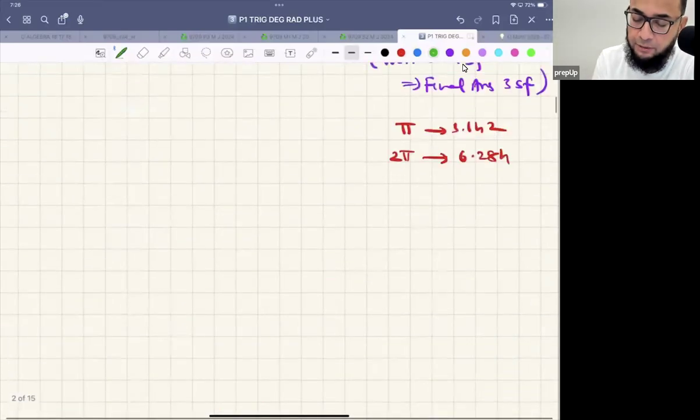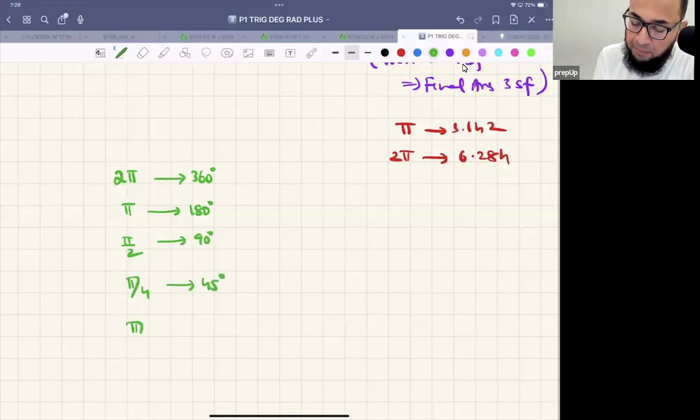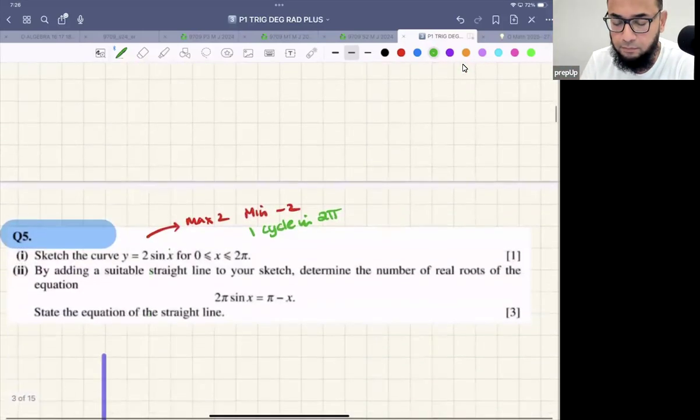Let me write over here, 2 pi radians is 360 degrees. Pi radians is 180 degrees. Pi by 2 is 90 degrees. Pi by 4 is 45 degrees. Pi by 3 is 60 degrees. And pi by 6 is 30 degrees. So these are the common things that we should know.